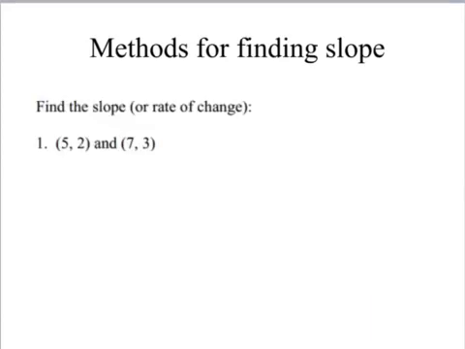So find the slope, which I've mentioned before is the rate of change, between 5,2 and 7,3. I'm going to do 2 examples, so I'll do them each using one of those versions of the slope formula. So let's start with the one you guys feel most comfortable with. Y2 minus Y1 over X2 minus X1. And I do recommend writing it until you have it memorized.